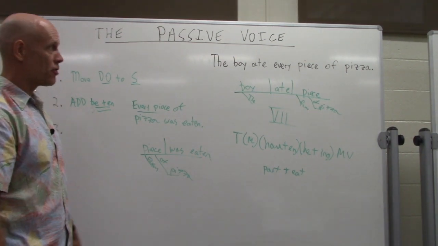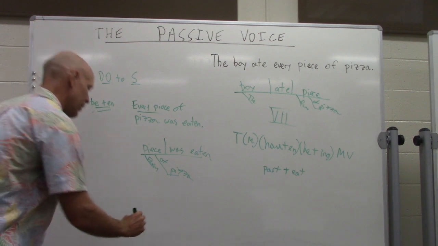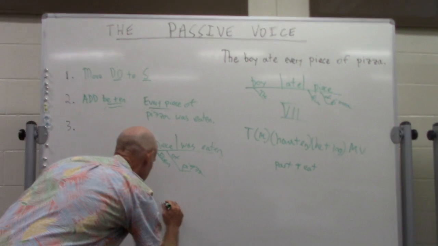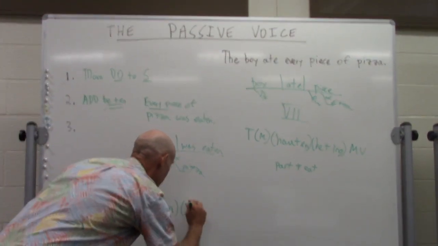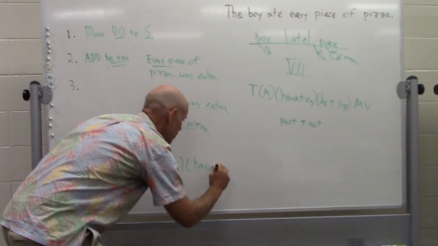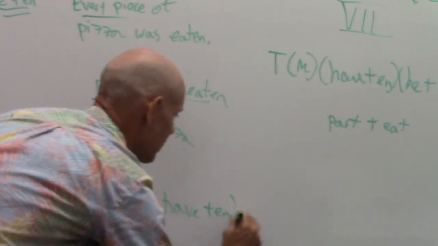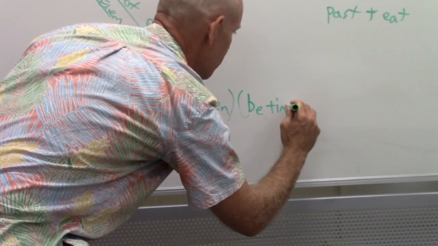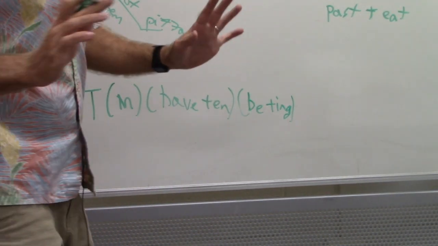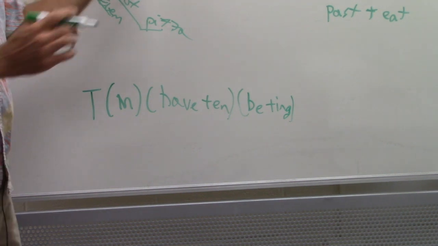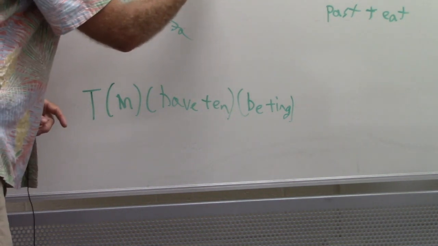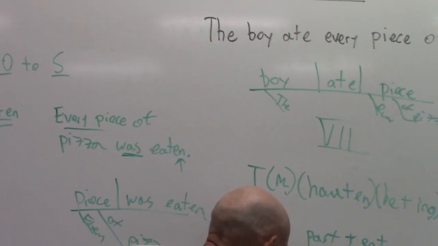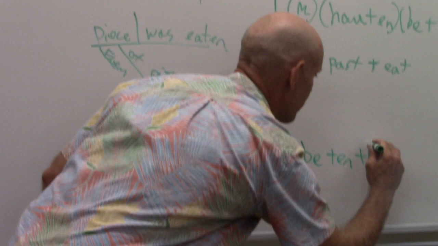So your verb expansion formula becomes, for the passive, can you see this down here? The tense plus the modal auxiliary plus the optional have plus en plus the optional be plus ing. And watch this. We're not going to put parentheses here with the passive because it has to be there. We must have the be and we must have the en ending. So it's be plus en and then your main verb, right?